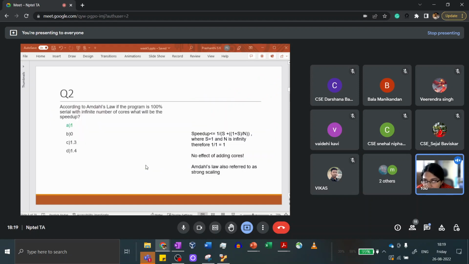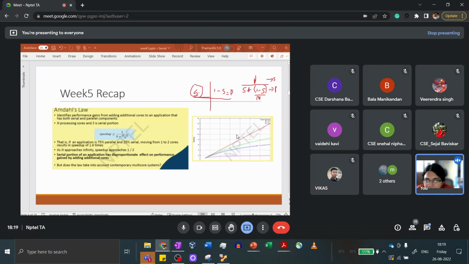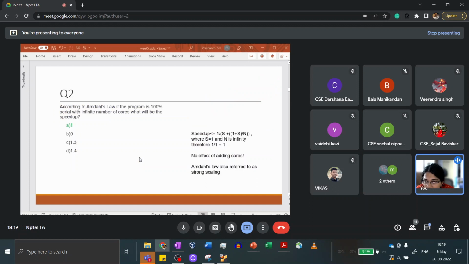Now let's go back to this problem. So here we say that the program is 100% serial, which means that S equal to 1 and 1 minus S is 0. So you have 1 by 1 plus 0 by n, which is 0. And as your cores tend to infinity, your speed up is still 1, right?